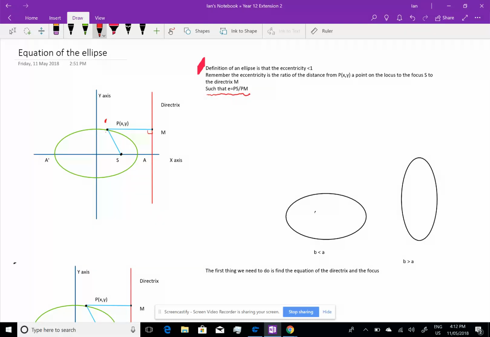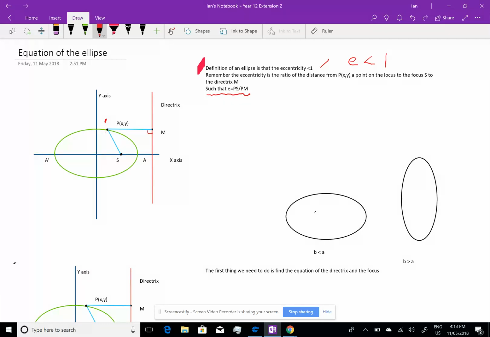Now the definition of an ellipse is that the eccentricity is less than 1. So an ellipse has an eccentricity of less than 1. And it's pretty obvious there. You can see that PS on PM will be a fraction less than 1.